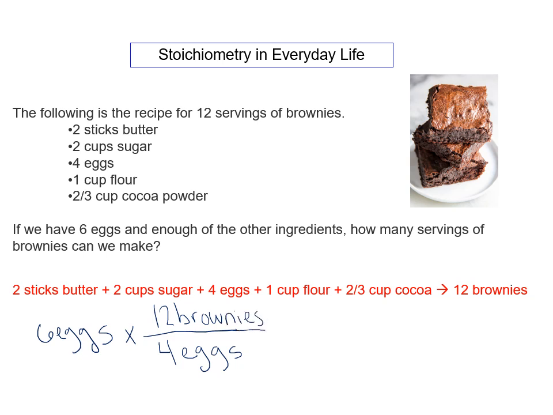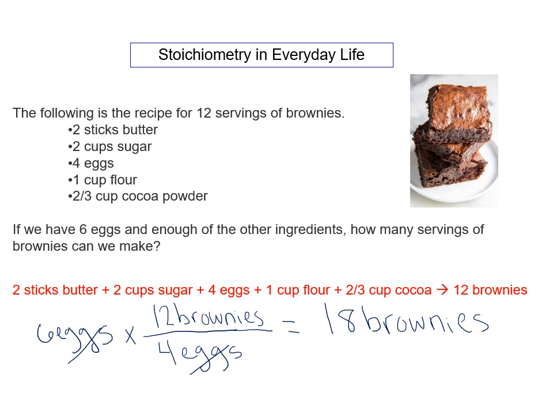So for every 12 pieces of brownies, I need 12 eggs, or 4 eggs, sorry. When I multiply this through, notice that the eggs cancel, and that leaves me with brownies. So this gives me 18 brownies. So I have enough eggs to make 18 servings of brownies.